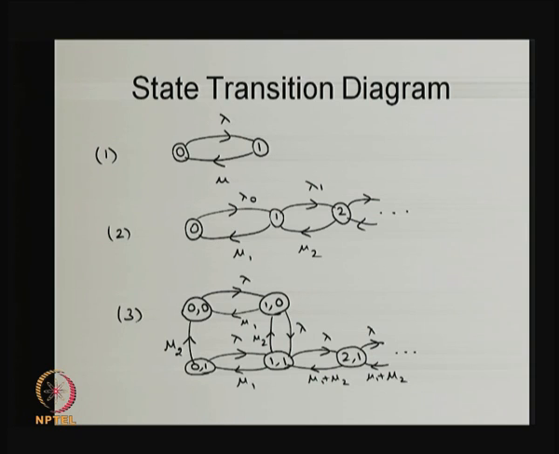The third example is also a continuous time Markov chain. This is a sort of two dimensional Markov chain with the labeling 0,0, 1,0, 2,0 and so on. All the labels are parameters for the exponential distribution.